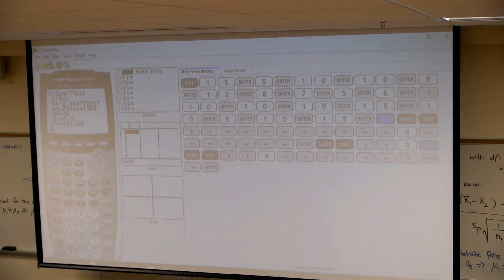Oh, with a negative, thank you. What do we have here? Negative 2.44. The p-value was 0.0277. It's 0.0266. Of the two, which is more accurate? The calculator, because it doesn't do rounding, it goes for 9 decimal places.